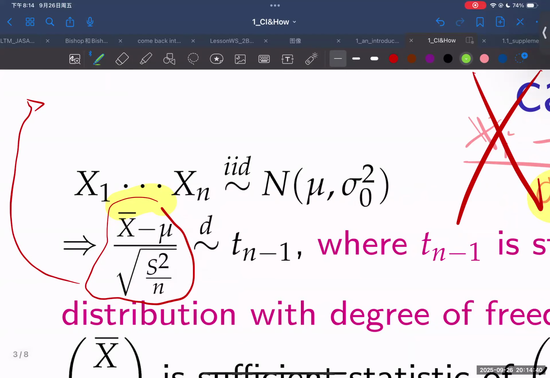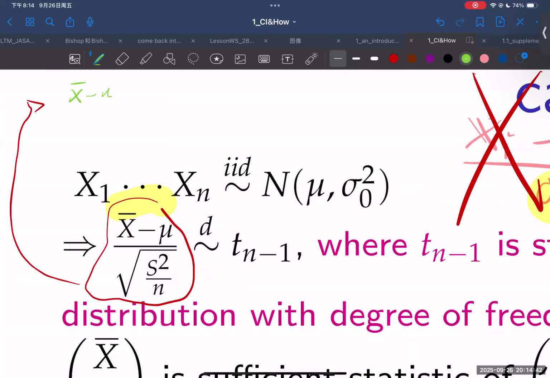It's like x bar minus mu over sigma naught, and below s square over sigma naught square, with n minus 1.